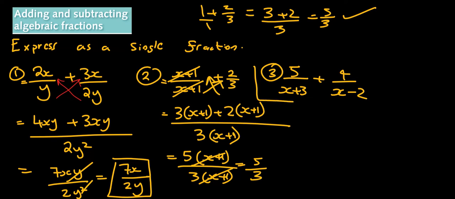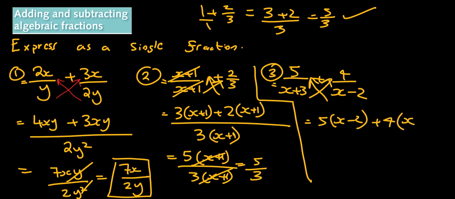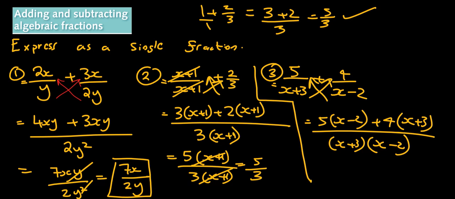Okay, so let's do the final one. We're going to cross multiply. Nothing's common, so we use the distributive property.